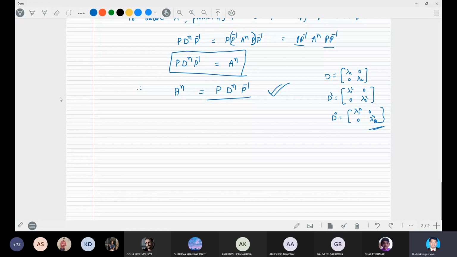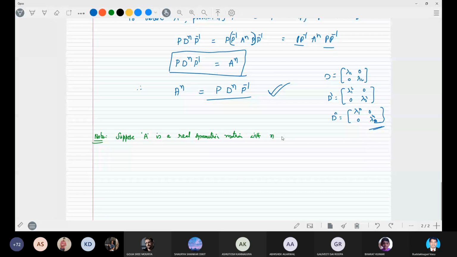I would like to give you one more point here. Suppose A is a real symmetric matrix with n pairwise distinct eigenvalues, say lambda 1, lambda 2, and so on, lambda n.